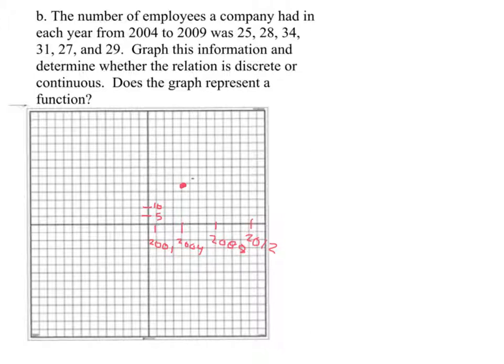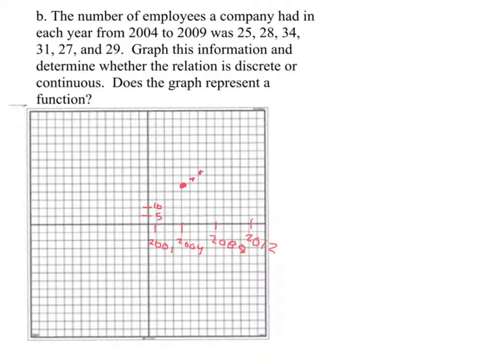It would be about right here. Mine won't be exact since I'm doing it with this app, but yours can be very precise. And then in 2006, we're looking at 34, which will be about right here.